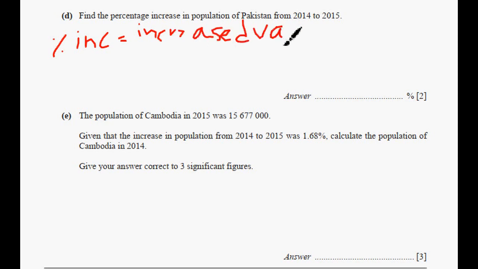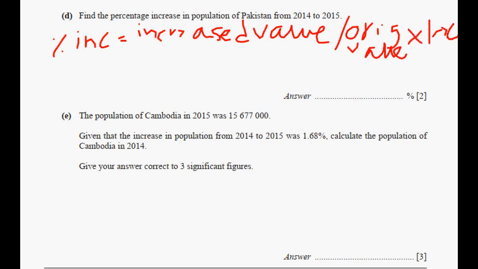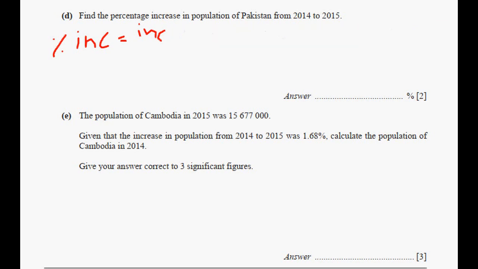All right. So the formula for percentage increase is the increased value over original value times 100.